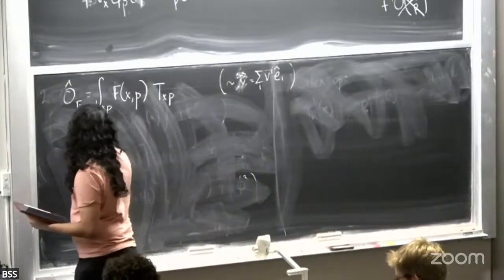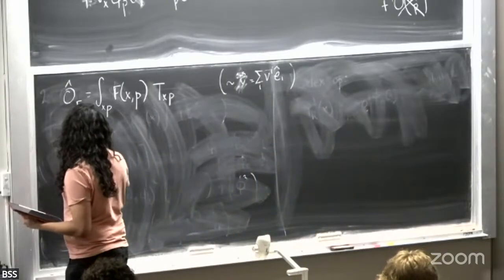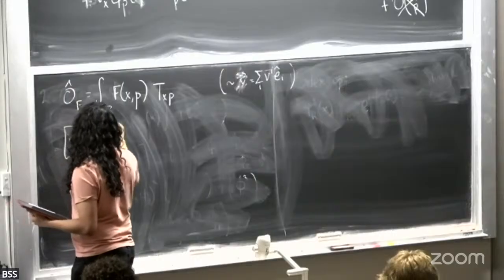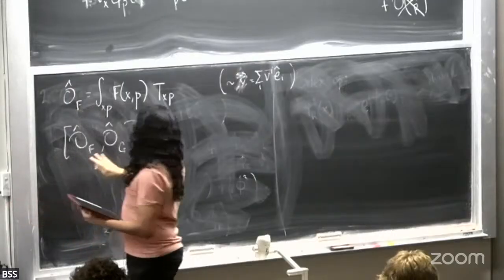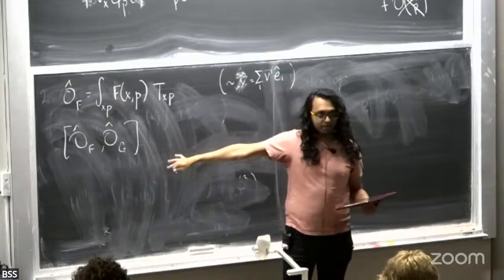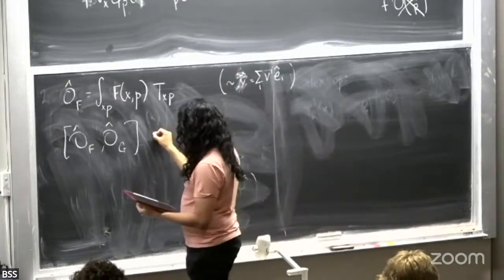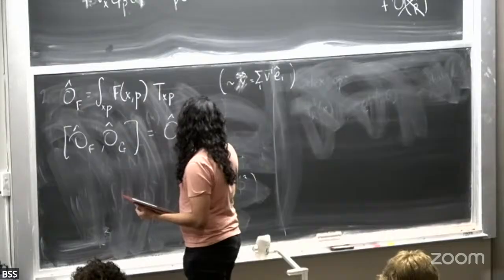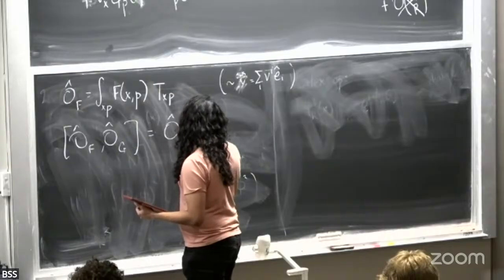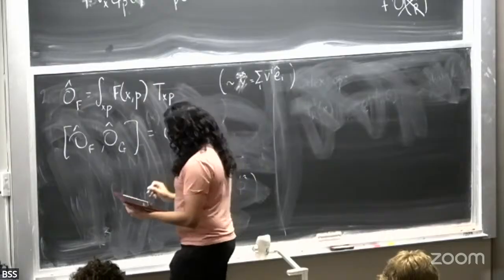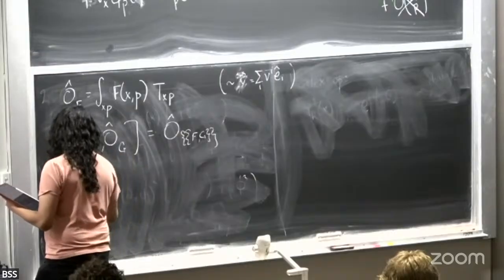And the commutation relation for O with itself, for two different O's coming from different component functions, is given by a third such O, whose component function is given by the Moyal bracket.